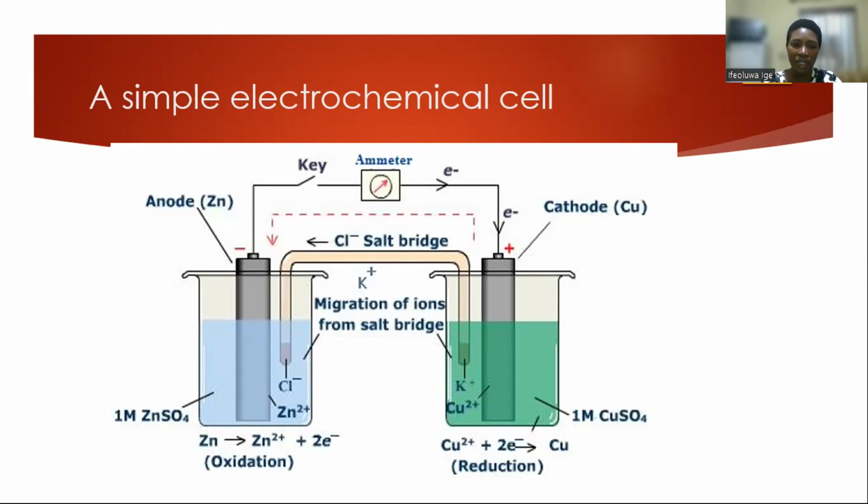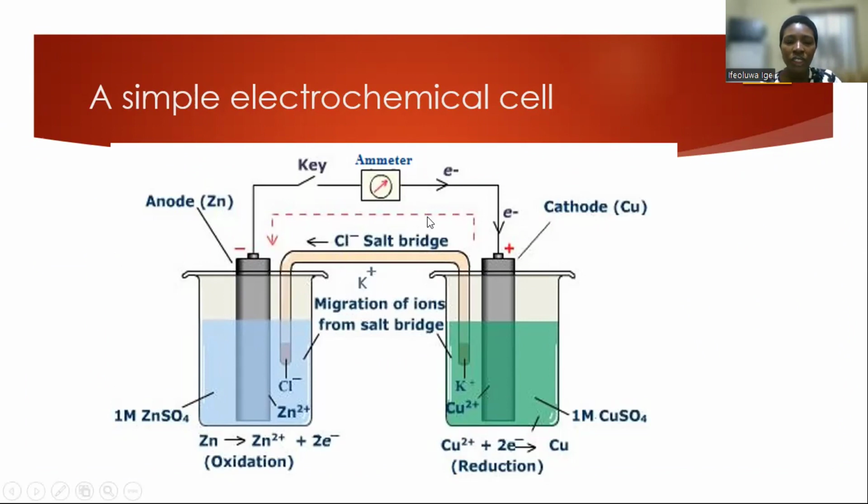Now, oxidation reaction takes place at the anode side, while reduction reaction takes place at the cathode side. Now, if you notice, there is what we call a salt bridge.